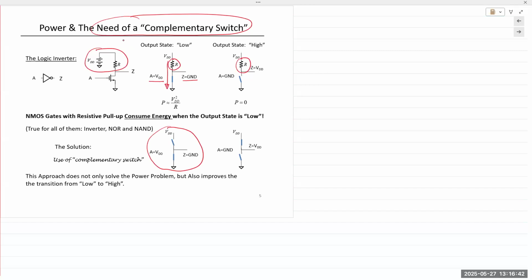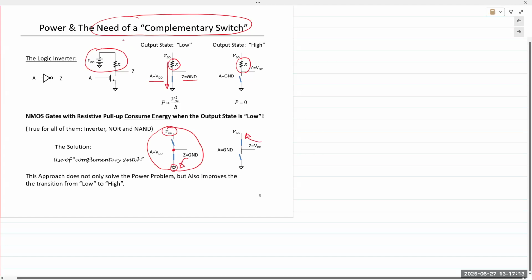So if you look at this first circuit, we have two switches. Forget that it's a MOSFET. It could be any kind of switch. You could replicate this easily in the lab by taking two push button switches on a breadboard. If you have VDD and ground connected at the top and the bottom, and you take the output from the middle connection, if the top switch is open, then the output is connected to ground. If the bottom switch is open, then the output is connected to VDD.